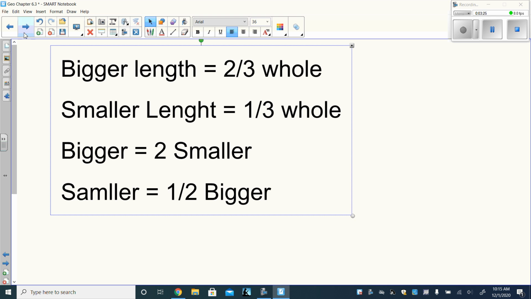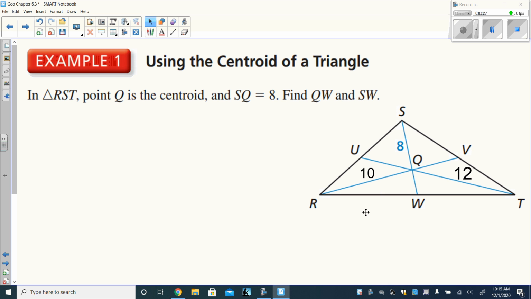Now let's look at an example of this here. It just wants us to find QW and SW, so the bigger and the smaller, but we're going to find all of them. Now SQ is 8. SQ is the bigger length, and QW is the smaller.